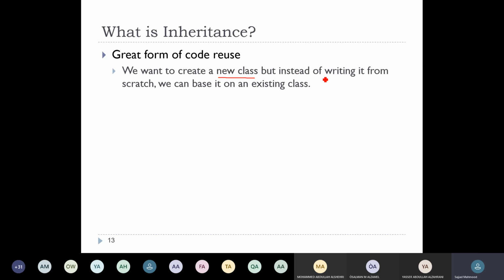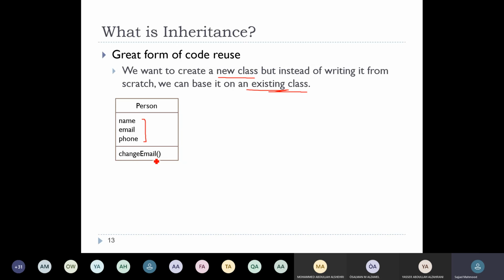Instead of writing everything from scratch, you extend it from an existing class, your parent class. So if I have a person class with three attributes, name, email, and phone, and a method called change email, and on the other hand, in my system, I also have something called customer, which also has three attributes: name, email, and phone number.